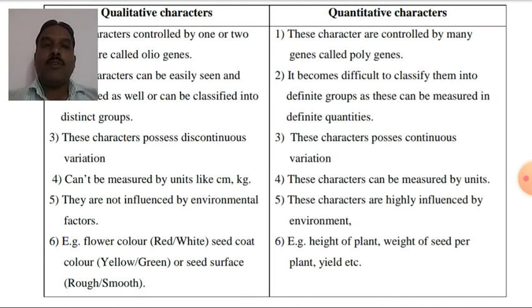In qualitative characters: flower color, seed coat color or seed surface. And in quantitative characters: height of plant, weight of pods per plant or yield. So the difference is always asked between qualitative characters and quantitative characters.